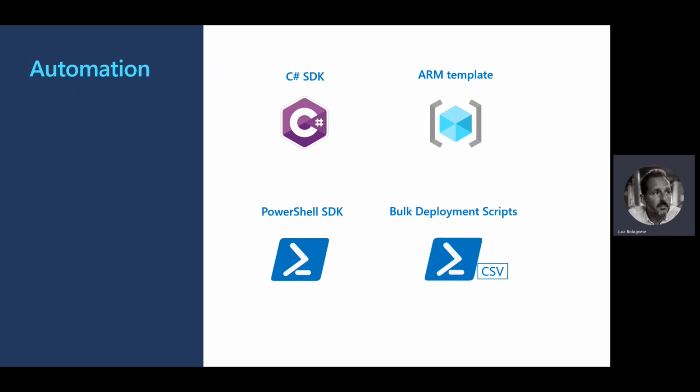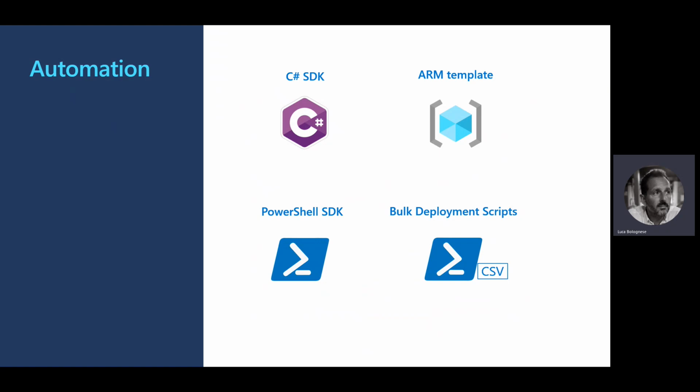Also, we have created a GitHub repo, which contains a lot of resources. First of all, it contains PowerShell scripts to create the class types that are in the documentation. But also, it has bulk deployment scripts, which we have created by working with customers who had scaled out their usage of the service to very large levels.